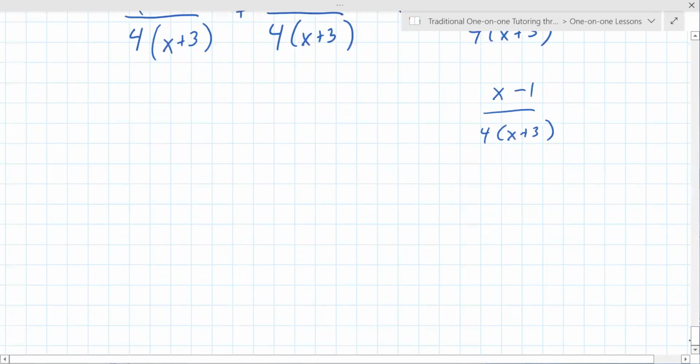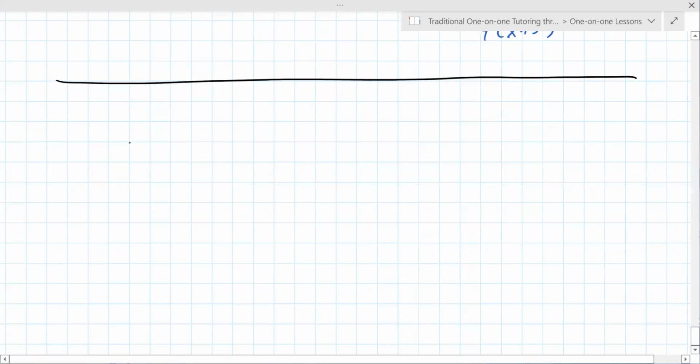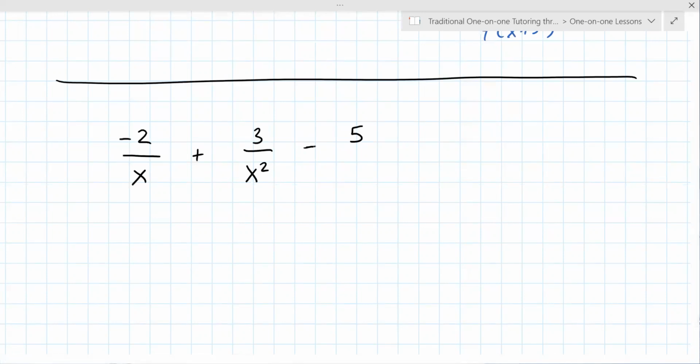All right, let's try another example here. Just trying to show you all the ones you might see. Let's go -2 over x plus 3 over x squared minus 5. So we have not encountered a problem like this before, but 5 does have a denominator.